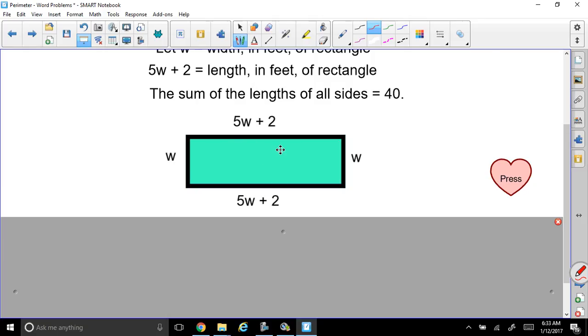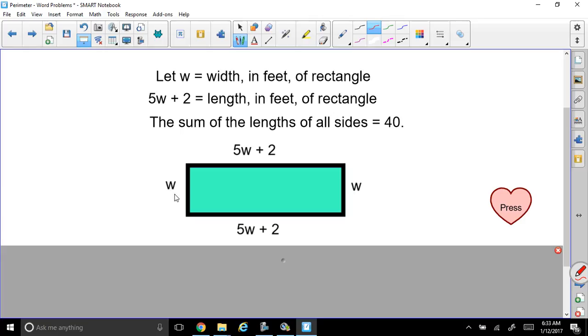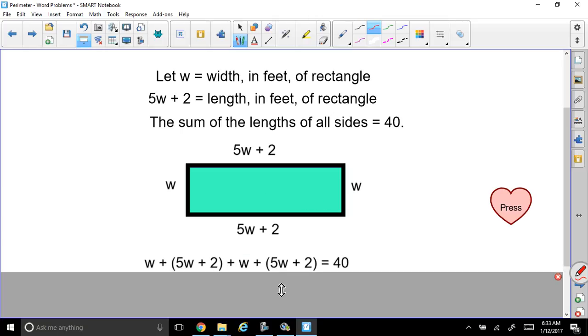So we said that the width was W, so there are my widths on the side there. The length is 5W, or 5 times the width plus 2 more feet, and there are our two sides for the length. So all we have to do is add all these sides up. So each side added up will give us a total of 40.